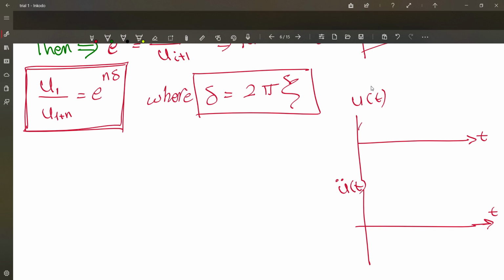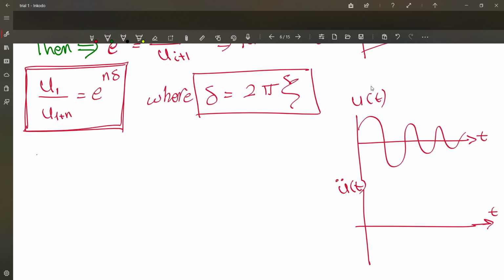So our equation is going to work for both. This means that instead of u1, we can use u double dot. So we can put it in a general form.